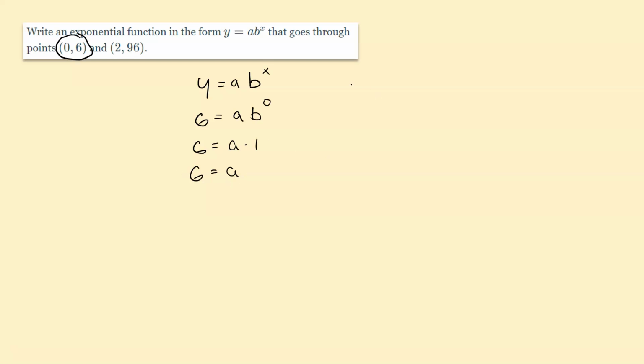So now, all of a sudden, we know what a is. We know it's 6. So that gave us a lot of information. Now, there's two ways you can do it. You can do this the way I did, where you plug in the values and simplify it, and you get a equals 6.